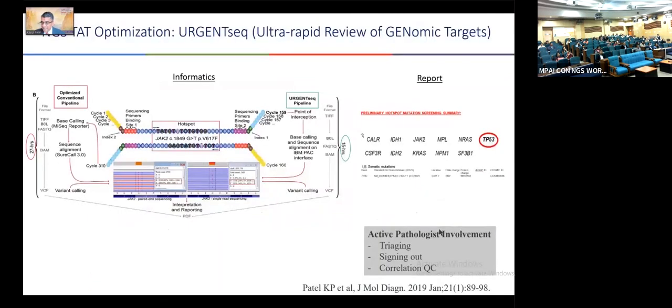And as they say, necessity is the mother of invention. It did force us to come up with our own unique proprietary platform, published here in a 2019 JMD paper.